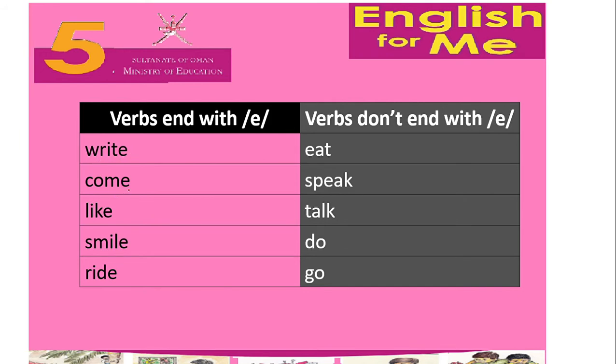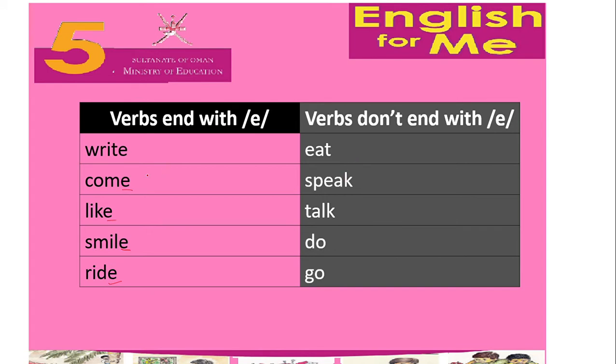Write, come, like, smile, ride. All of them end with what, my students? With e, as you can see. Here I have verbs that don't end with e, like eat, speak, talk, do, and go, and many other verbs.